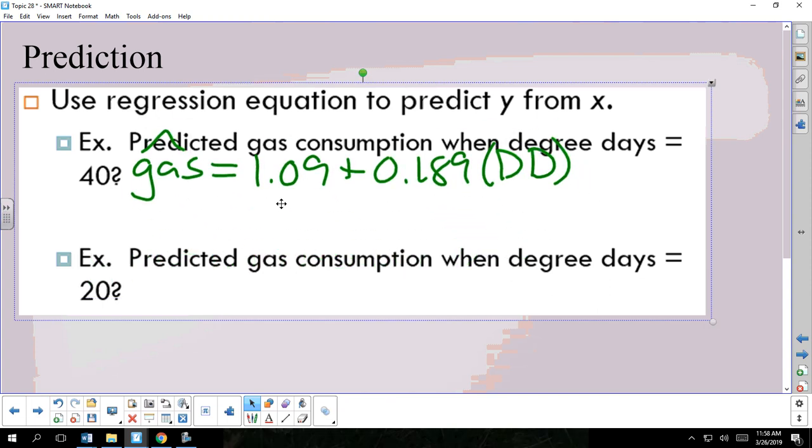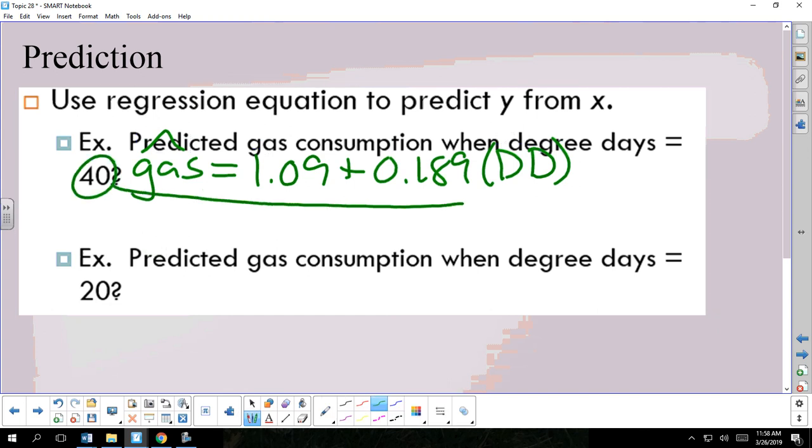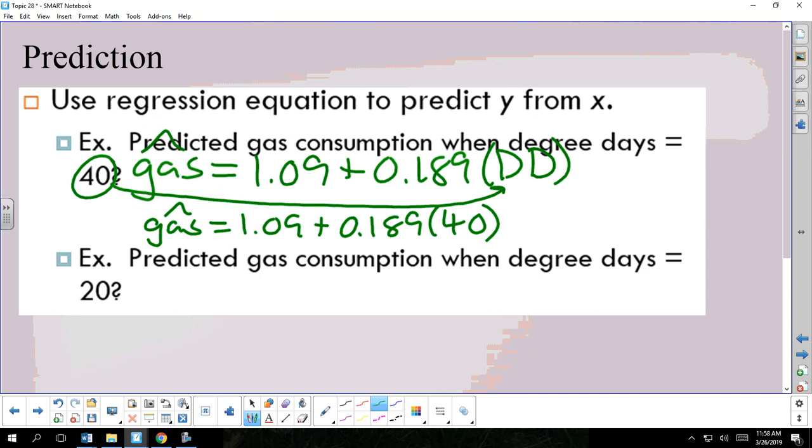What I want to do is take 40, pop it in there, and come up with the predicted gas consumption: 1.09 plus 0.189 times 40. Easy enough. And our predicted gas is going to be 8.65.